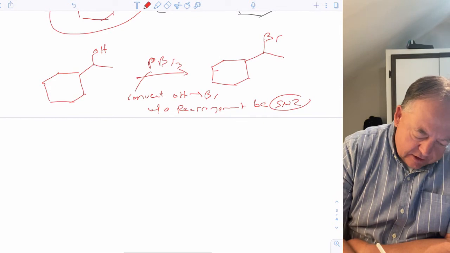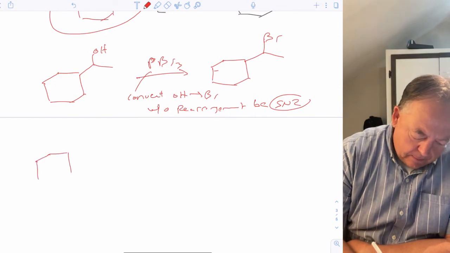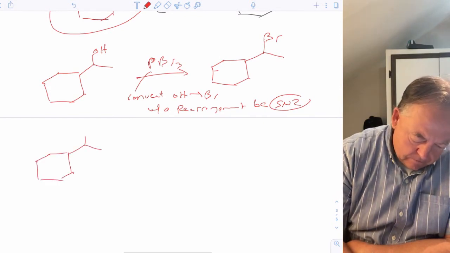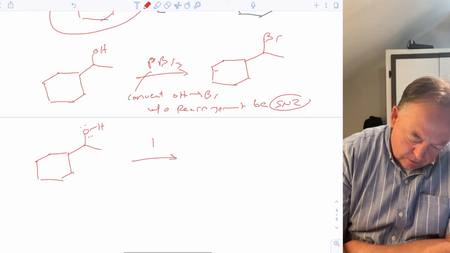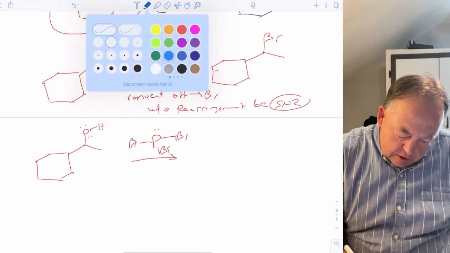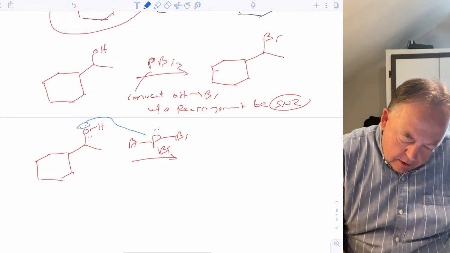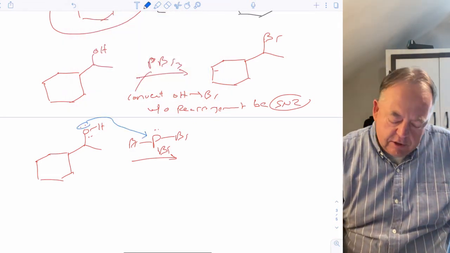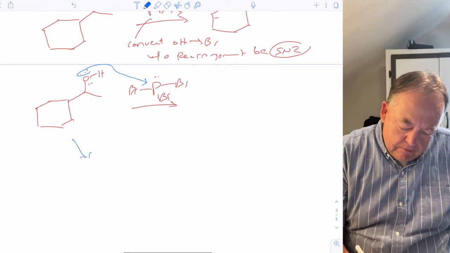So how does that mechanism work? So the oxygen makes strong bonds to phosphorus, so oxygen bonds to phosphorus.